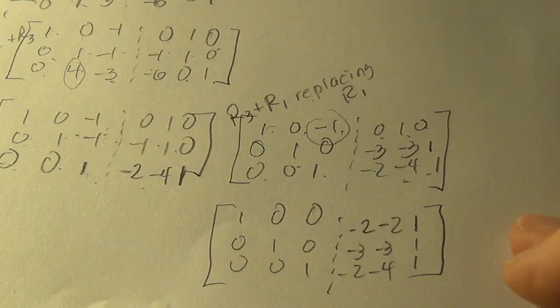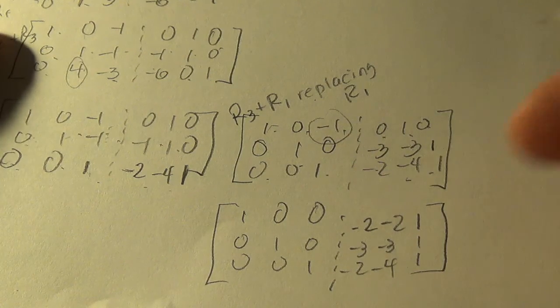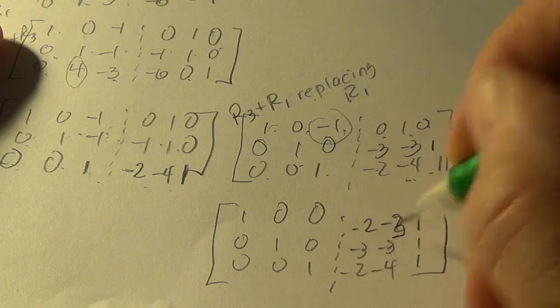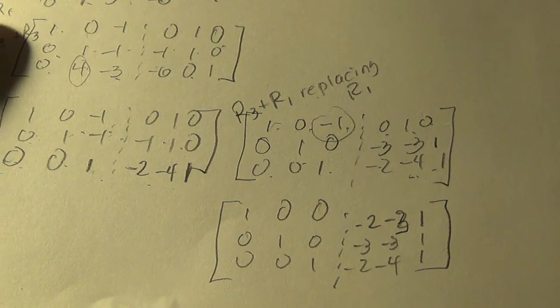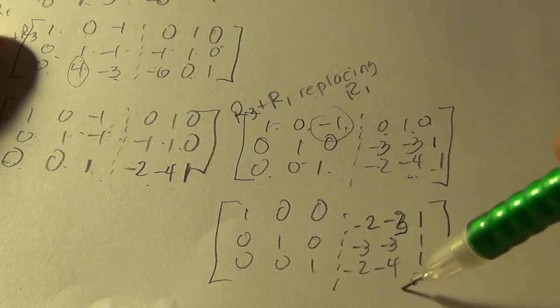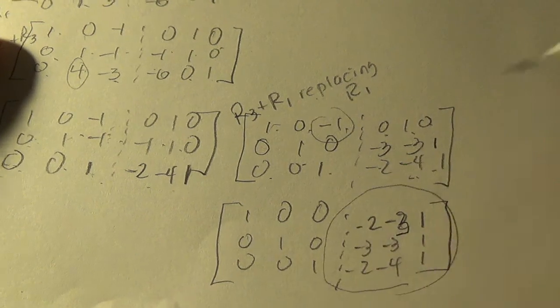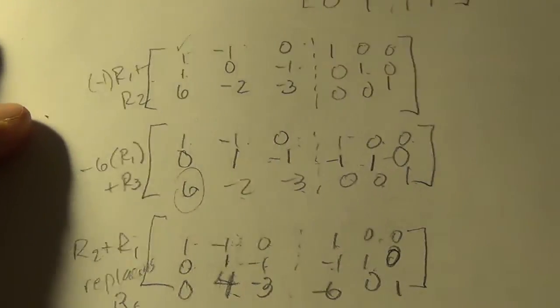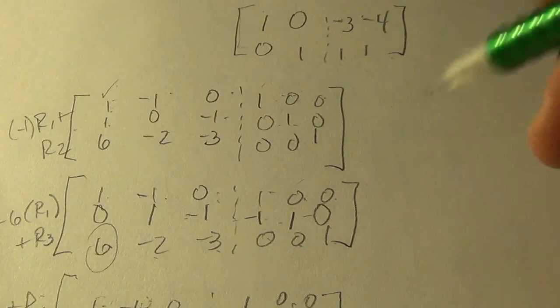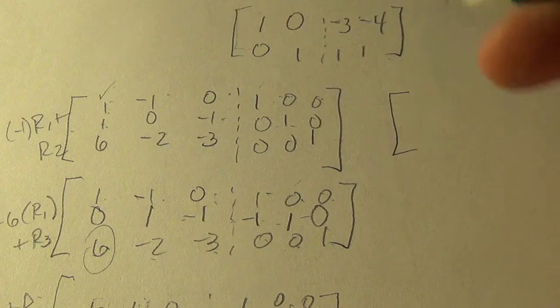Let's see. Any boo-boos? Well, I see one. I'm glad I did. -4 and 1 is -3. Okay. Alright, so now I have the desired matrix here on the left, and this should be the inverse. So let's plop it in the very beginning and see. Did I write that out very clear? I did it.